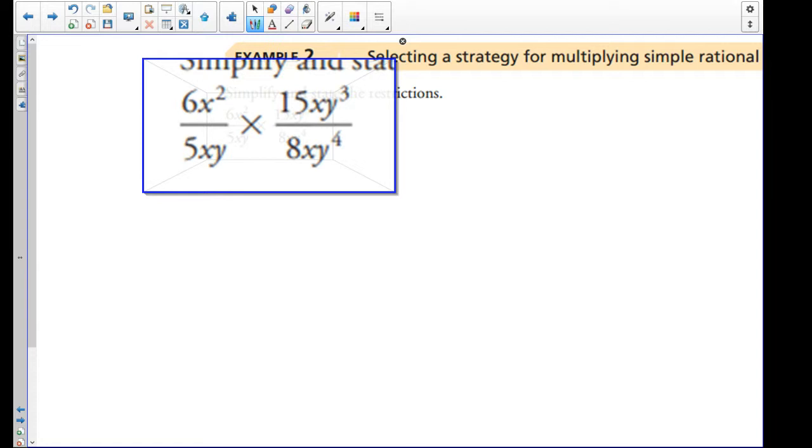For the 5xy, if you are completed, go ahead and put any restrictions as stated in the question. What do you mean by restrictions? From the original example.